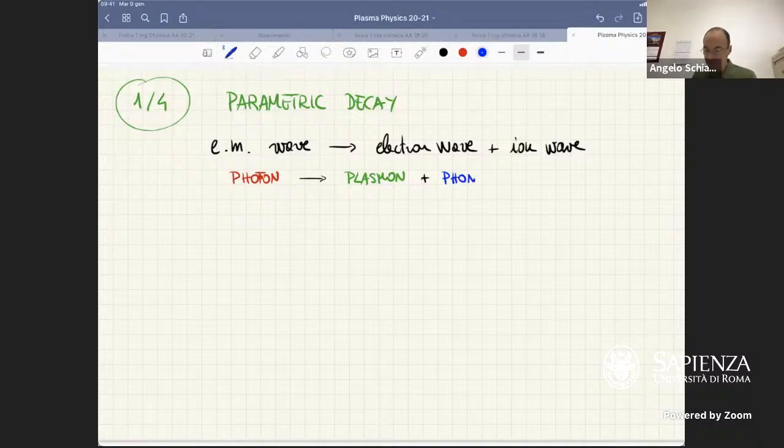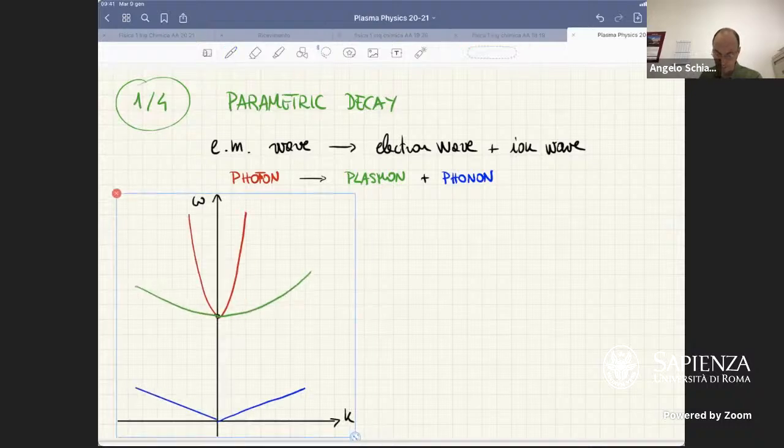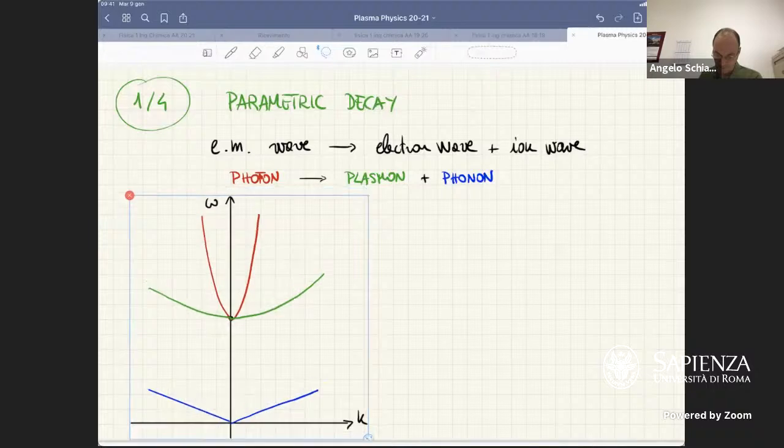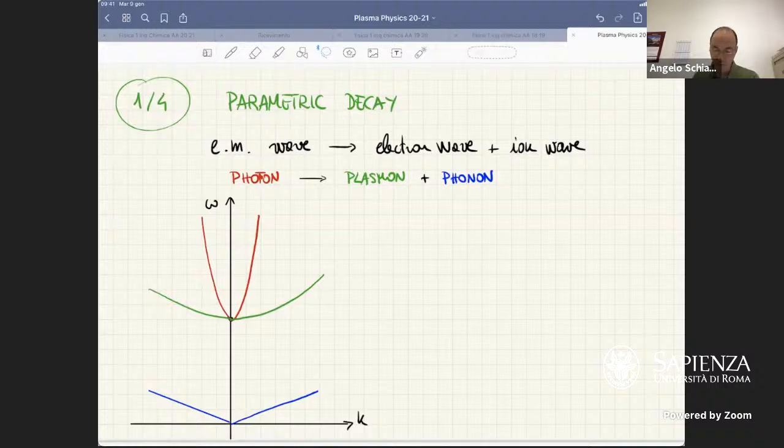Okay, let's see how it works. So let me paste back our plots here. And we have to start with a photon. A photon means that the incoming state should be on this dispersion relation.